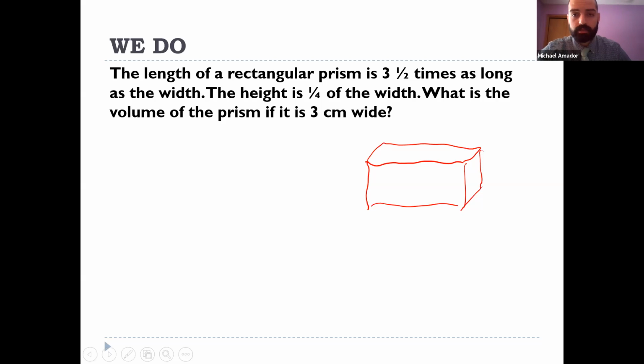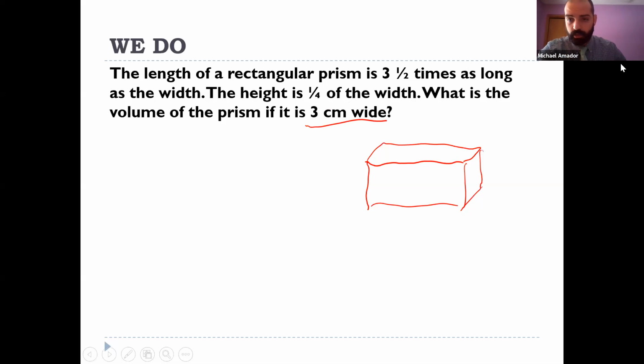Different from what? Let's go ahead and reread this problem. What is the volume of the prism if it is 3 centimeters wide? So they tell us exactly what the dimension is. So not just any old dimension. What is the volume if it's 3 centimeters wide?